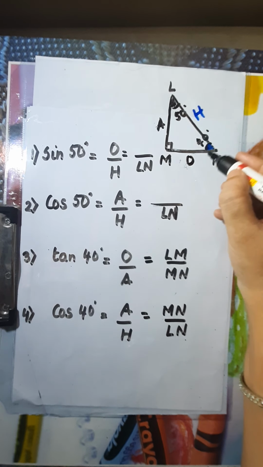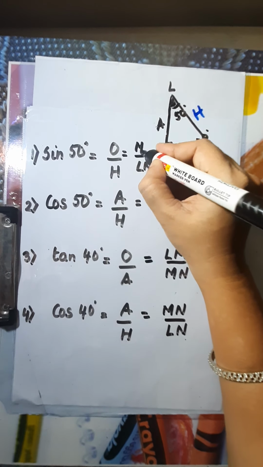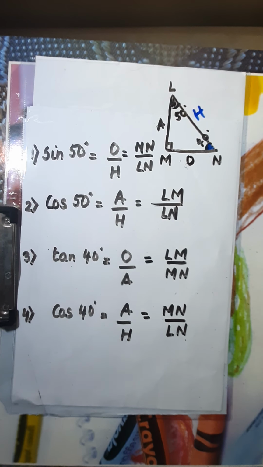So for my cos 50, my adjacent is LM, so LM upon LN, because that's my hypotenuse which I wrote right in the beginning. So this is my third sum.